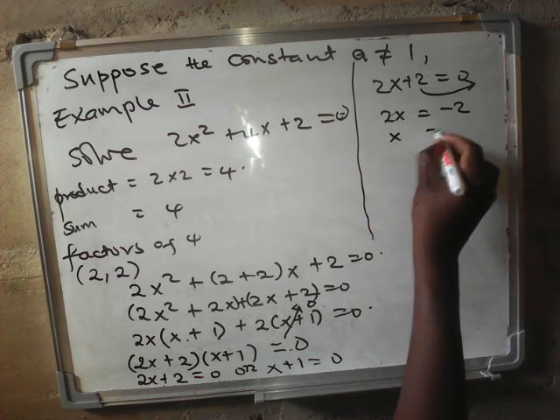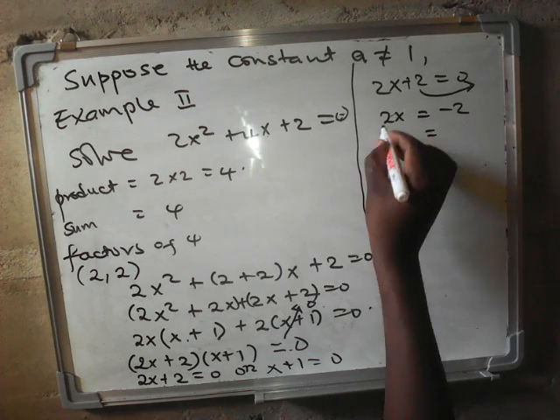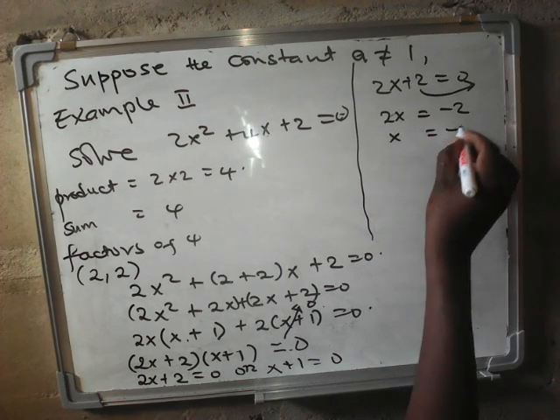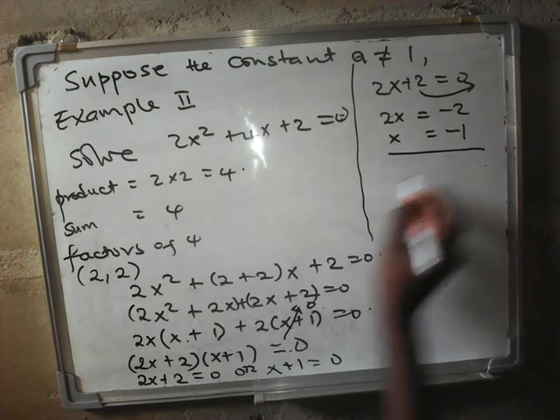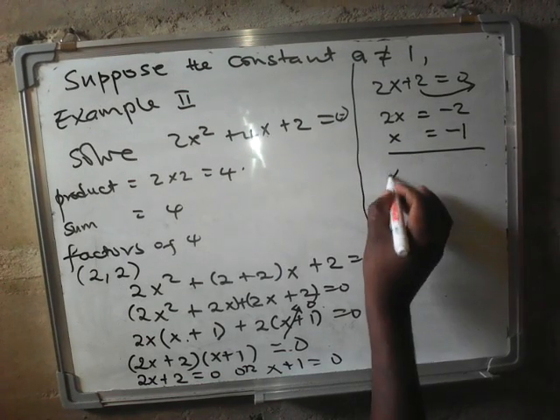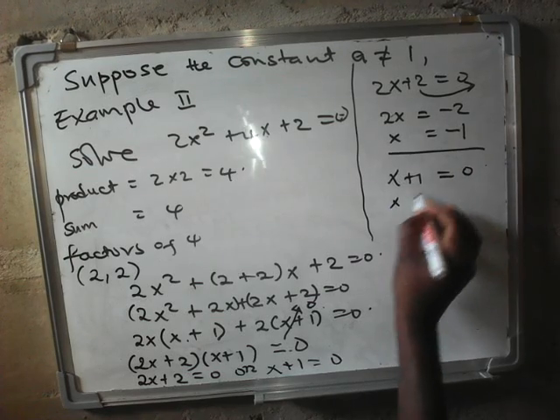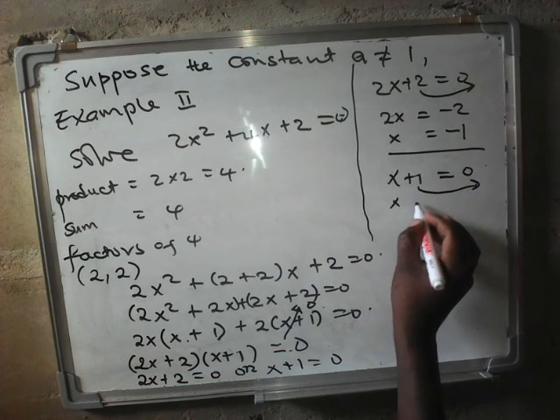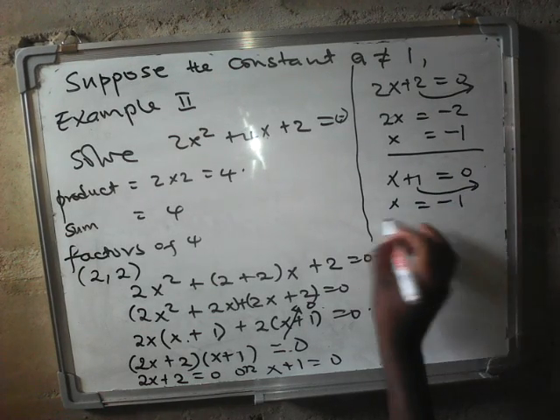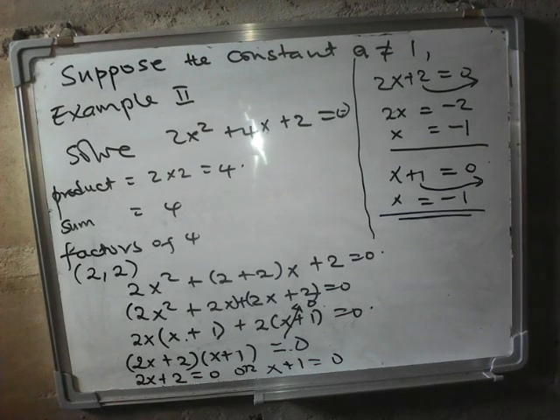So x is equal to, dividing by 2, negative 1. Then from x plus 1 is equal to 0, you take the 1 to the other side, you obtain x is equal to negative 1. So both values of x are negative 1 and negative 1.